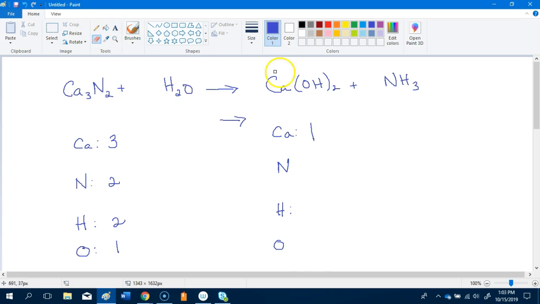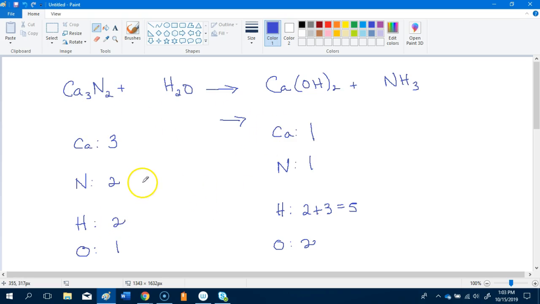Some students like to tally them up separately, so 2 hydrogens plus the 3 hydrogens equal 5, just to remember that they are separate. I have 2 oxygens there, and my nitrogens, I have 1. So that's the first major piece, making sure that you have your tallies right for each of the elements on both sides of the equation.